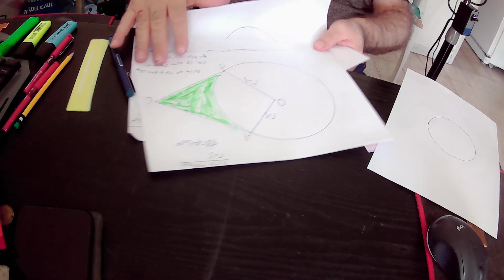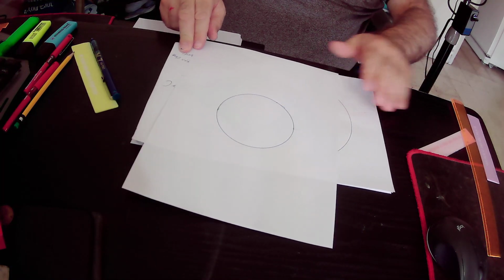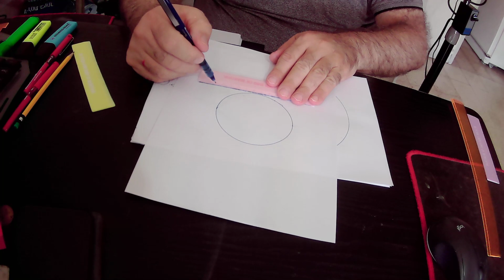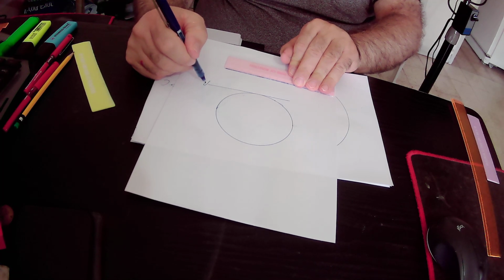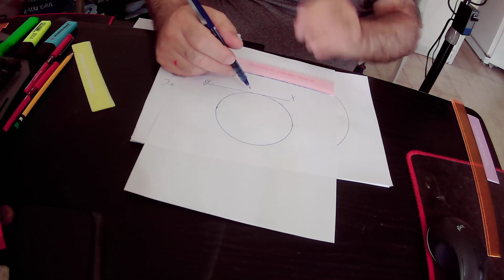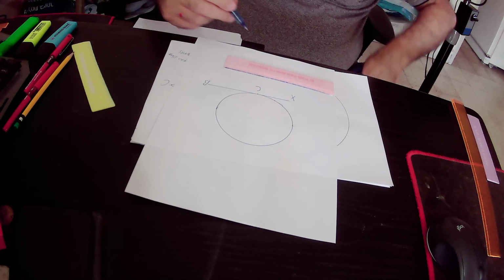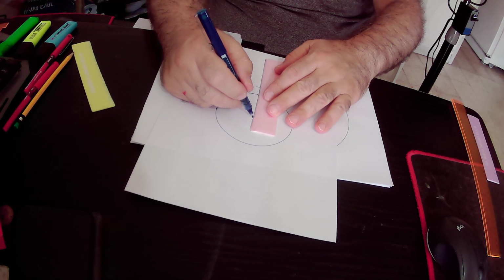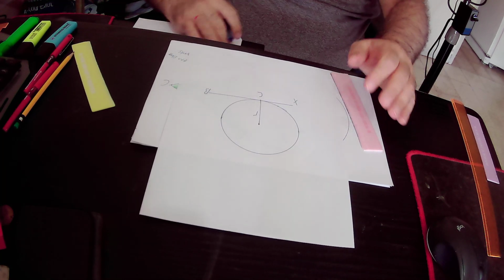So, if we have a circle and we have a tangent to this circle, BX is tangent to this circle at point C, and we have a radius that is drawn to the point of tangency, that is to say to point C. Actually, this radius touches point C.